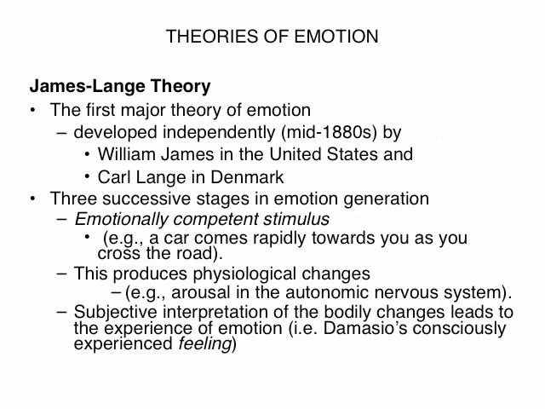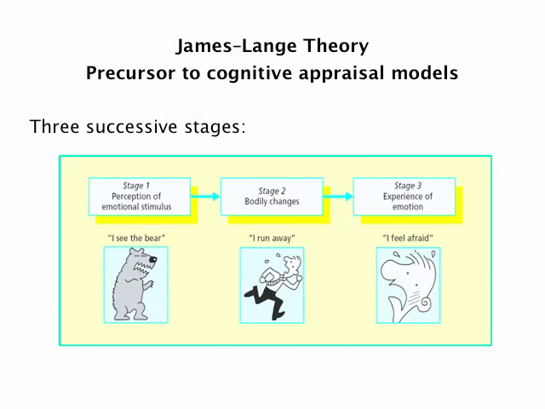And then the next thing that happens is a physiological change, or more than one, maybe. So arousal in the autonomic nervous system. And then there is potentially a subjective interpretation of the bodily changes, which leads to the experience of emotion, which would be akin to Damasio's consciously experienced feeling. So you can see that here visually.